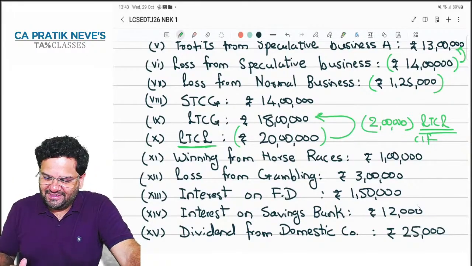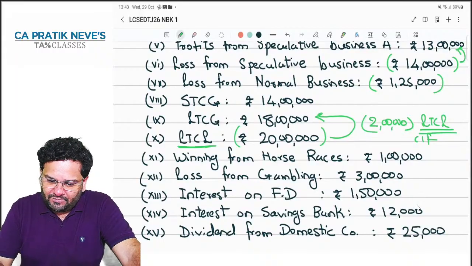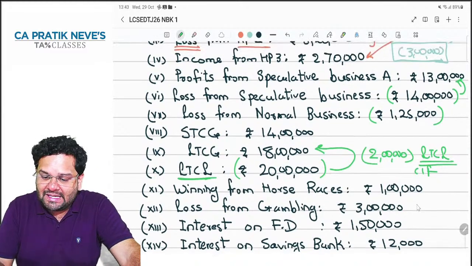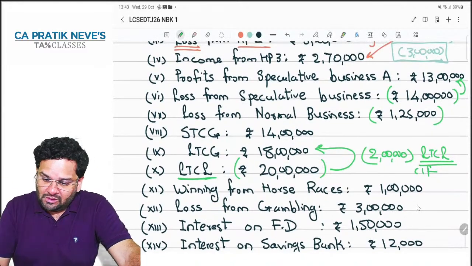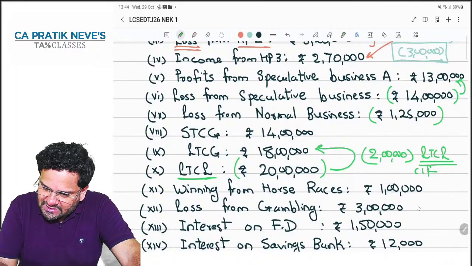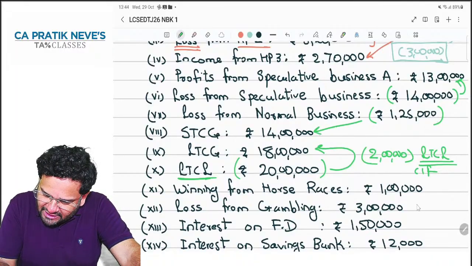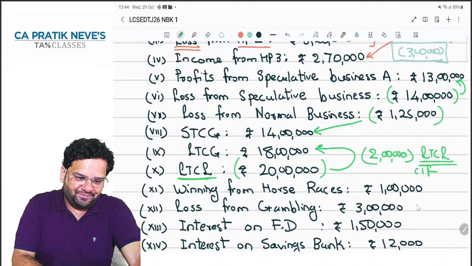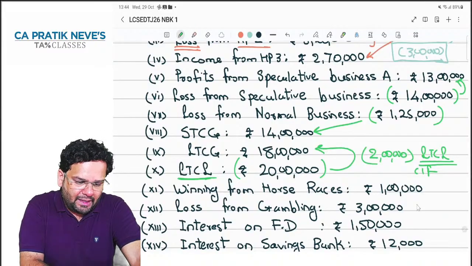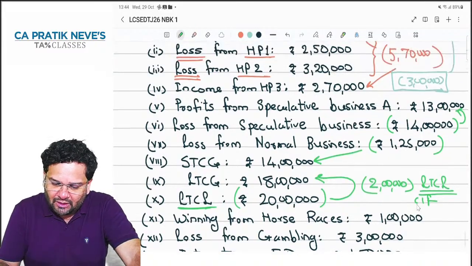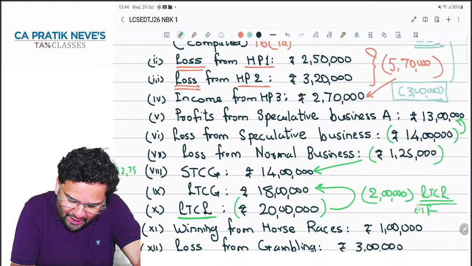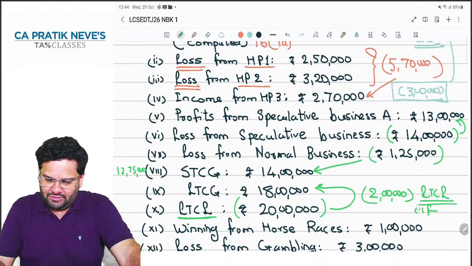Make sense? So, STCG still remaining is 14 lakhs. But you know, there is a normal business loss. That normal business loss can be set off against STCG. So take on your calci 14 lakh minus 1 lakh 25,000. Your taxable STCG will be 12 lakh 75,000.